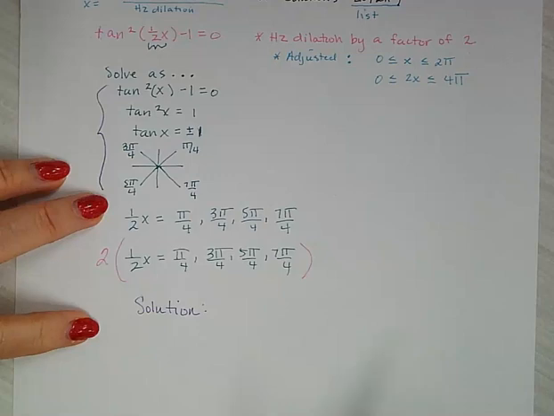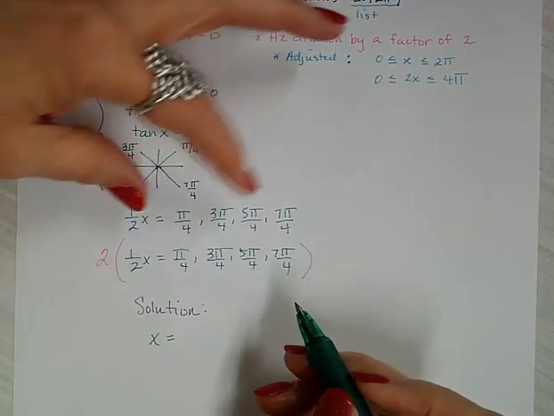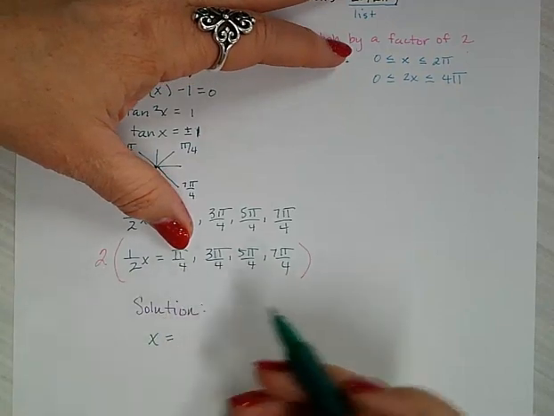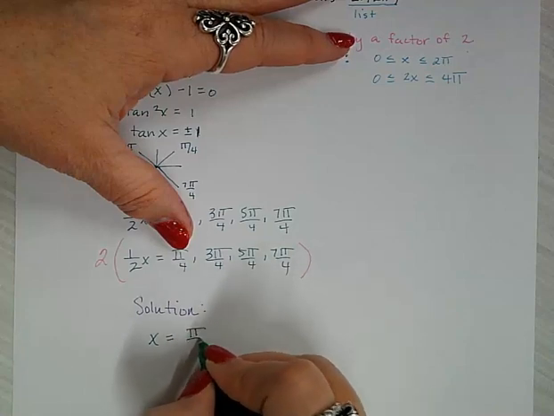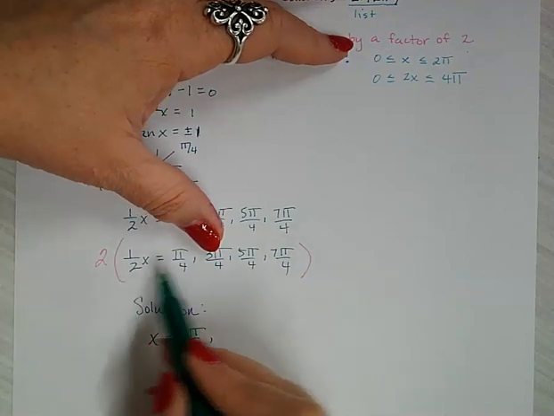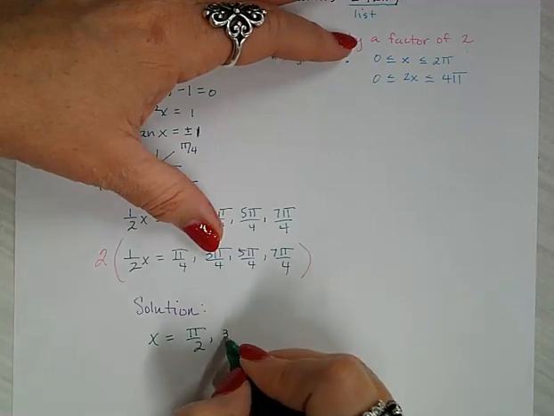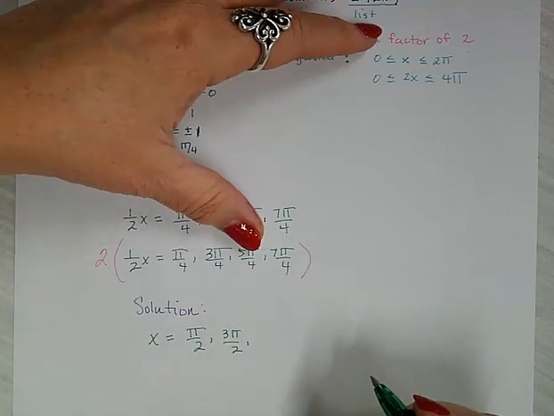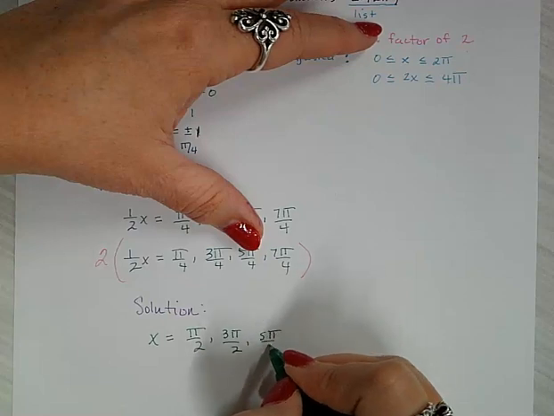So I'm going to do 2 times 1/2 x, which is going to give me x. And then I'm going to do 2 times pi over 4. That's 2 pi over 4, which simplifies to pi over 2. Then 2 times 3 pi over 4, which simplifies to 3 pi over 2. Then 5 pi over 4, which simplifies to 5 pi over 2.